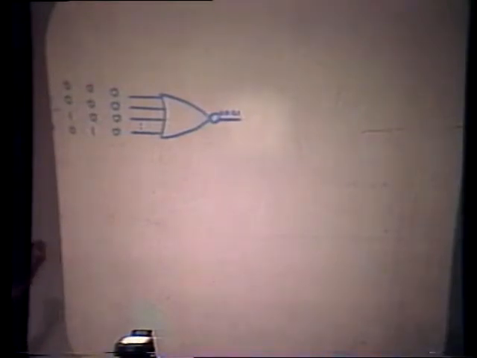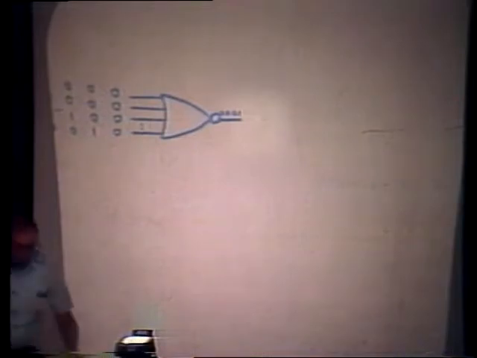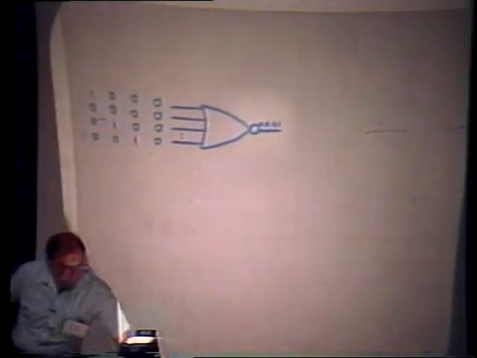See, what is a PLA? Basically, it is a NOR array, an AND plane and an OR plane. Both of them, especially in the MOS world, are NOR planes, okay? If this is a NOR gate, to test it for stuck at 0 and 1 faults, we have to apply this set of inputs.